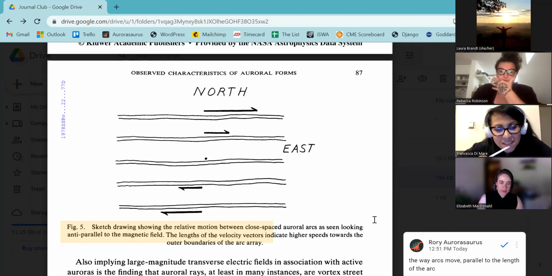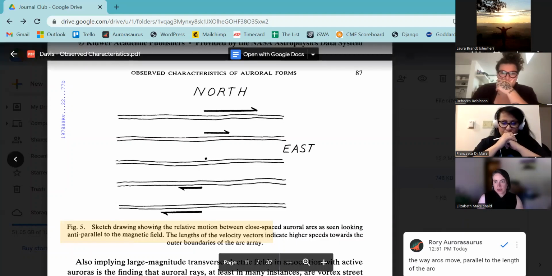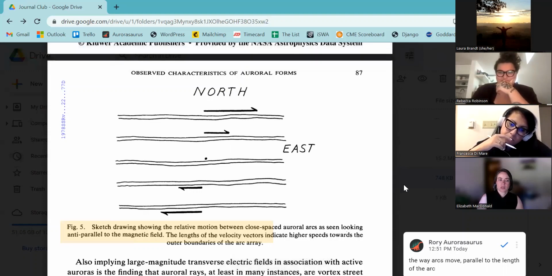But without totally describing all of those, where we start with here is those two motions. And Donna, I think this is even something you could observe, or probably have observed, that the edges of the arc system, if there's an arc system, those edges are what are going to move the fastest and perhaps in opposite directions.